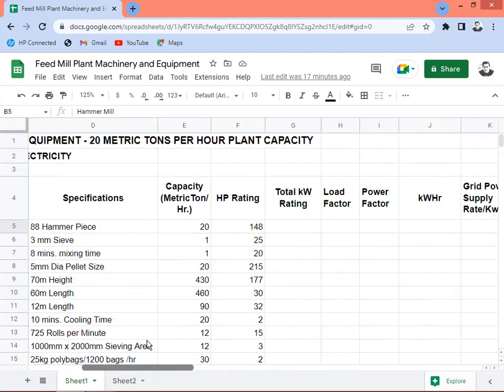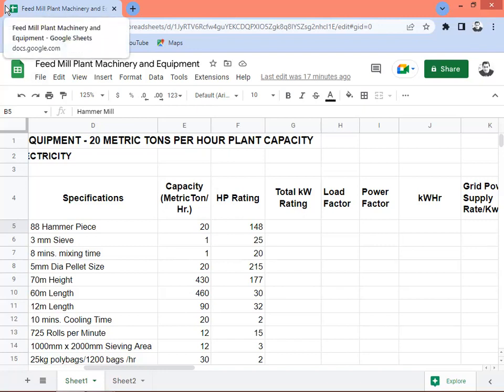So no problem. Our fuel cost will be based on the kilowatt rating, kilowatt hour, because the power producing companies, the power grid, charge the electricity consumption per kilowatt hour.